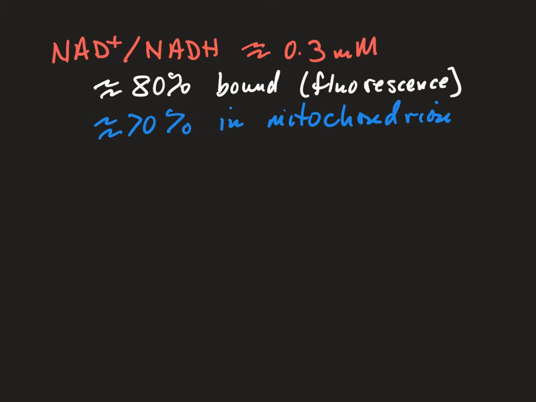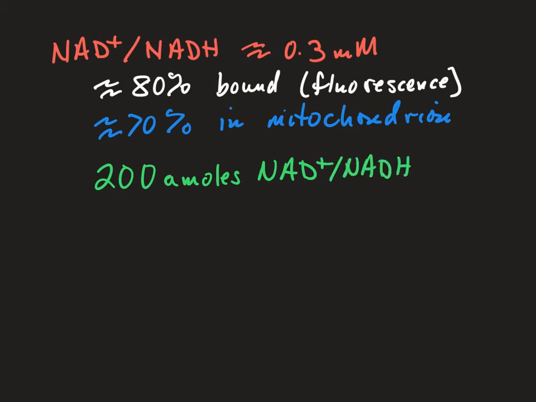Looking at different cells, a decent estimate is that there's about 200 attomoles of NAD and NADH in an average cell. 200 attomoles.